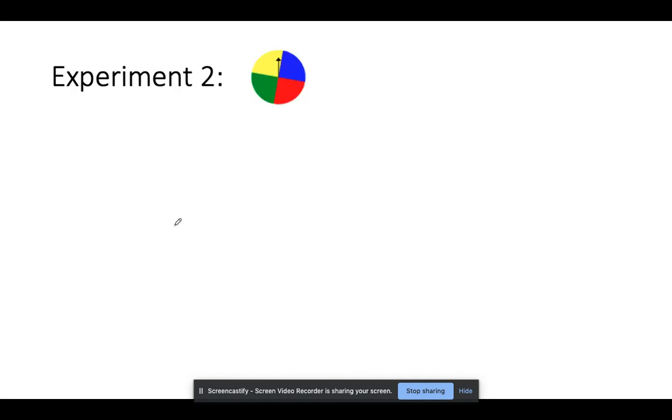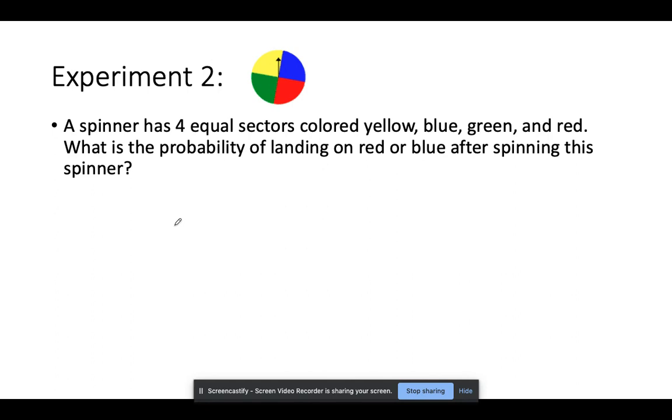So here's a second experiment. A spinner has 4 equal sectors: yellow, blue, green, and red. What is the probability of landing on red or blue after spinning the spinner? We first need to know the probability of red and the probability of blue. They didn't give us any numbers, but we have 4 sections that make up the whole, so you need to think about what their probabilities are.